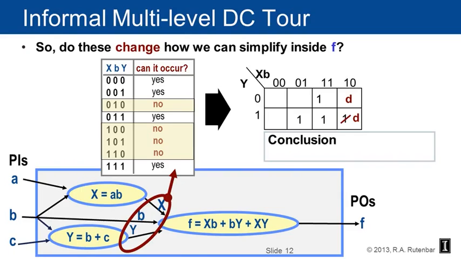I've now got 4 don't cares that I can use. And what I actually get is 2 new don't cares. I get a don't care for the xby 010, and I get a don't care for the xby 111. So in this Karnaugh map, 4 columns wide by 2 rows deep, only the xb 00 column has zeros in it. Everything else has a don't care or a 1 in it.